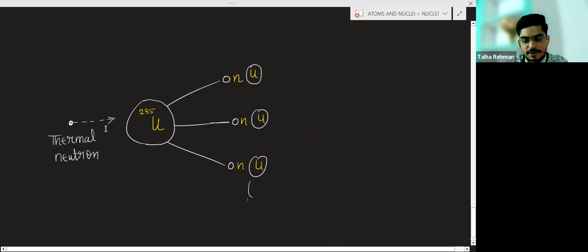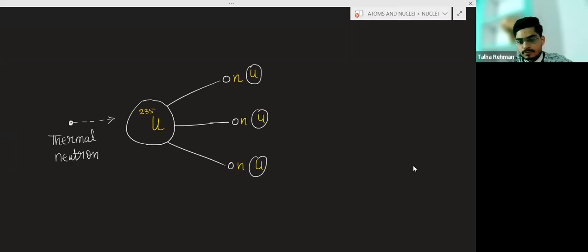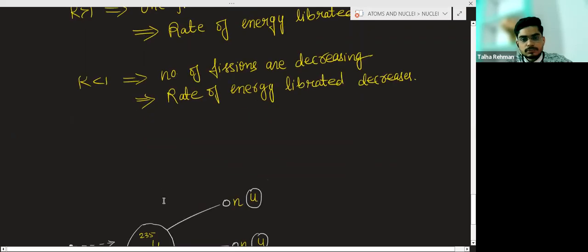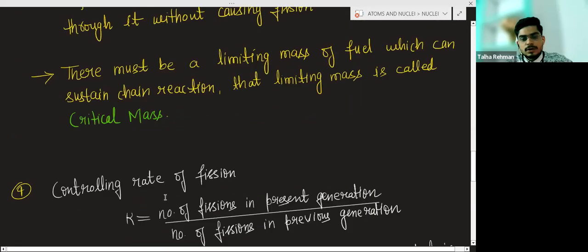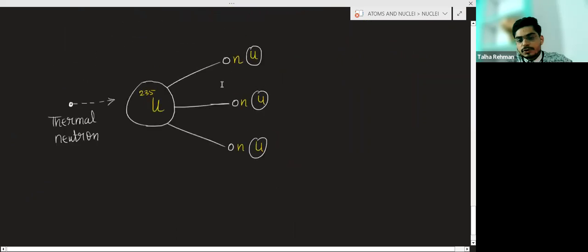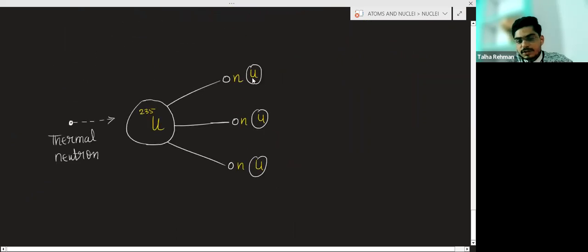Suppose here you have given a thermal neutron to uranium-235 and fission of uranium-235 takes place and 3 neutrons are released. Now these three neutrons each doing one fission.